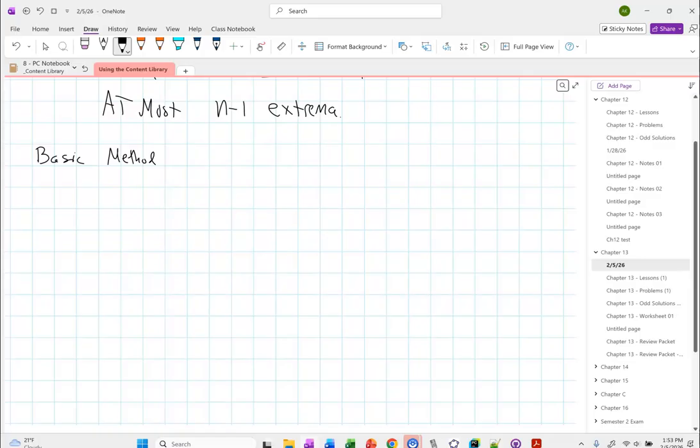All right. So our basic method that we're going to use to find these zeros: we're going to factor the polynomial. We're going to set it equal to 0.